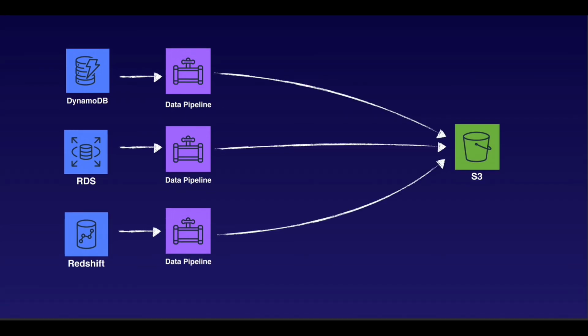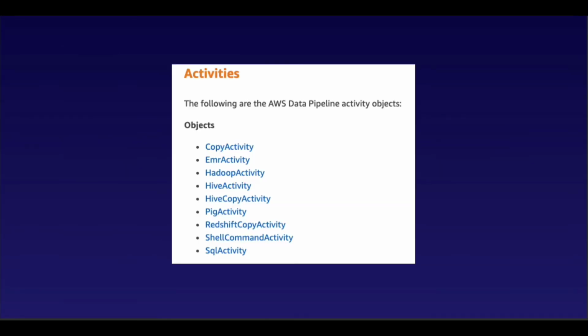Now, Data Pipeline offers several built-in activity objects that allow us to copy data using a few different activity types. Things like SQL activity, which allows us to specify SQL queries, and things like Redshift copy and shell command activity.